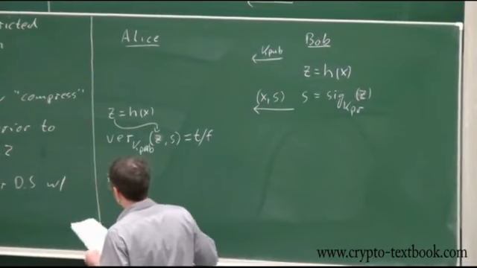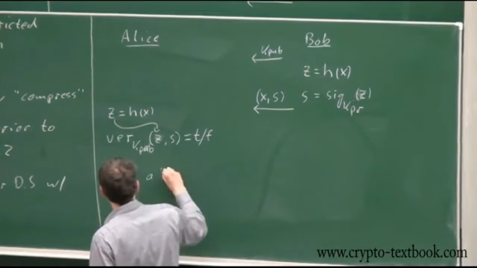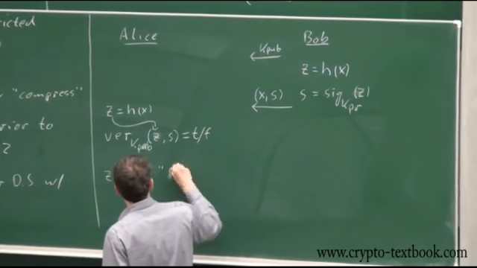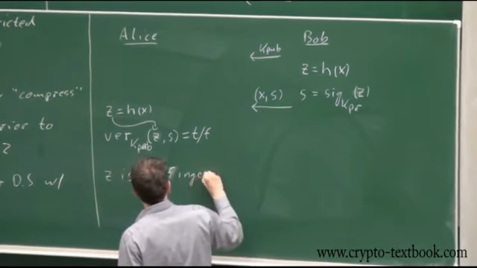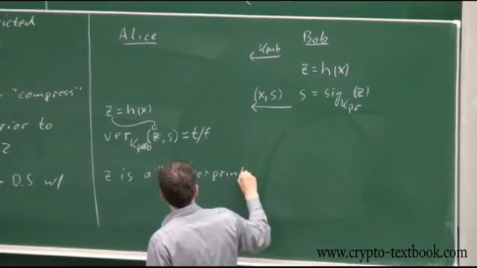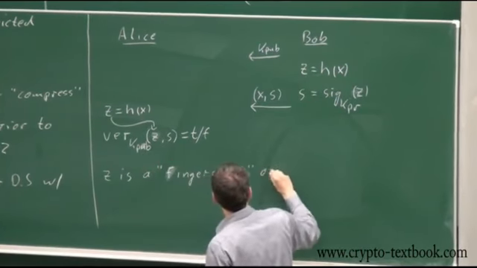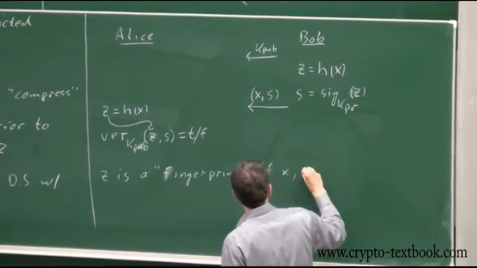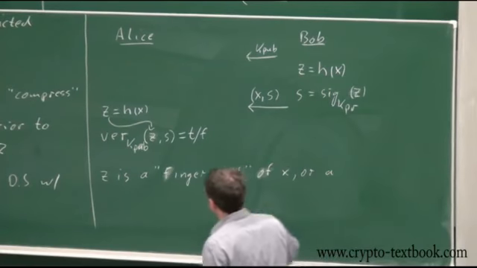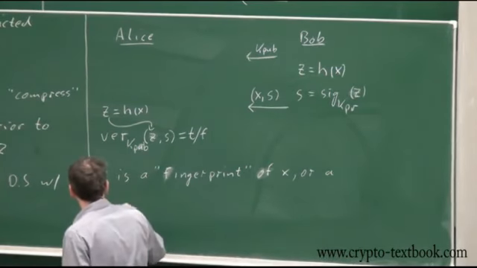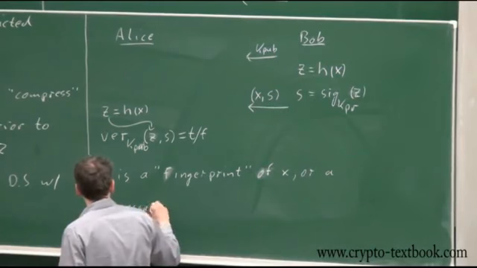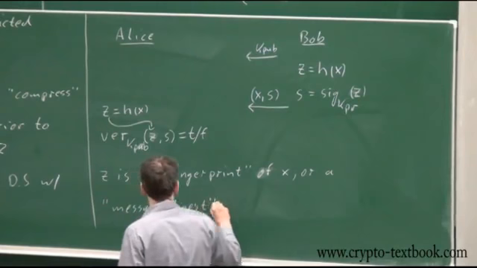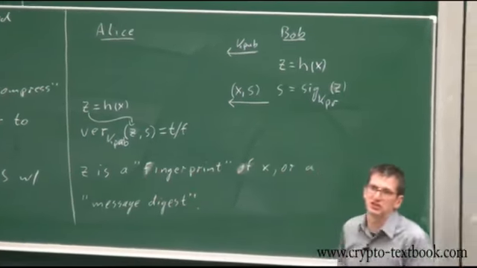So this value Z is a fingerprint of the message X, or, in quotation marks, a message digest.